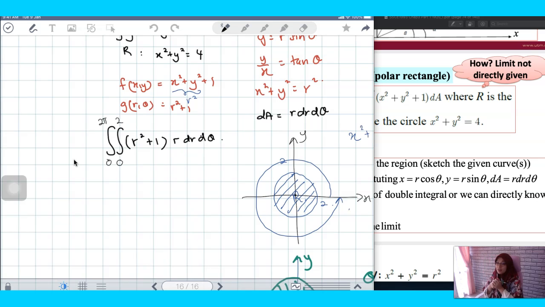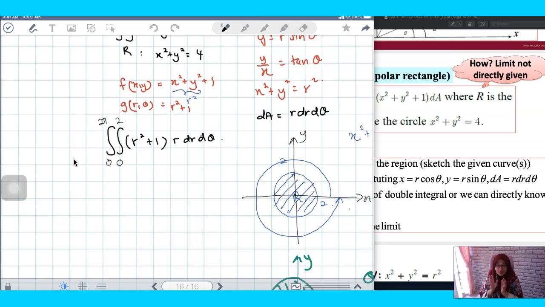Now you can see that all the limits for r and all the limits for theta are constant. So what can you say about the region in polar where all the limits are constant? If we have a rectangular region, when can all the limits be constant? When we have a rectangle, right?